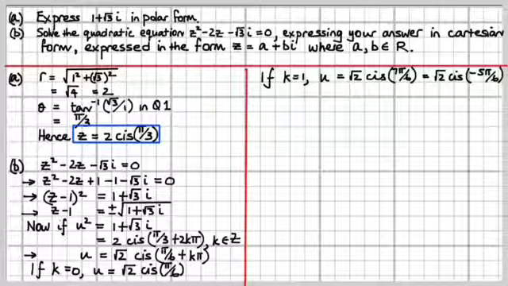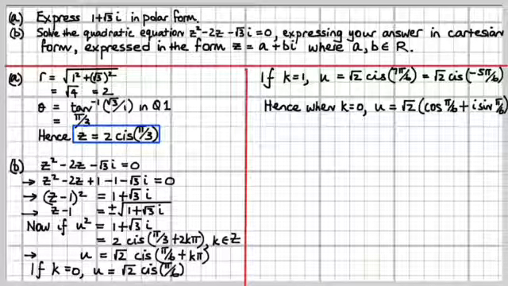Now, let's try and put those answers back into Cartesian form, and hopefully we'll be able to do that. So when k equals 0, we had this one here, didn't we? Yes, down here. So let's just put that back into Cartesian form, and we can. Isn't that great? Because we know what cos of pi on 6 is and sine of pi on 6, so we're in the clear, guys.